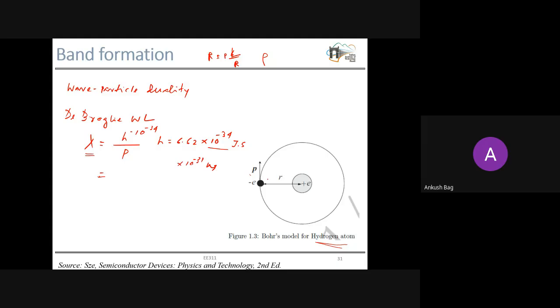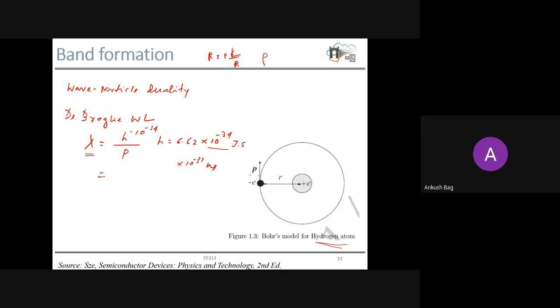Once again, I believe most of you have gone through this fundamental physics in your class 10+2. So still let us revise those concepts, and we'll try to correlate this concept with our semiconductor problem.